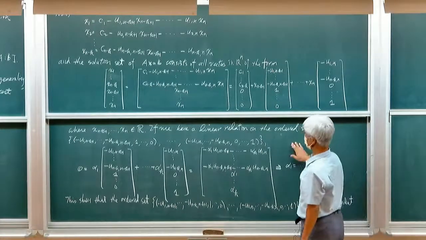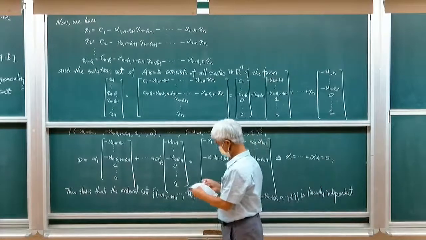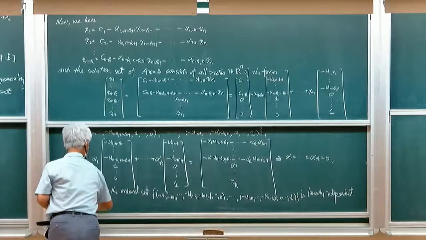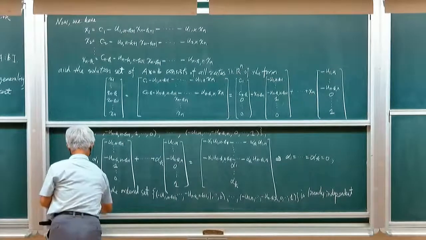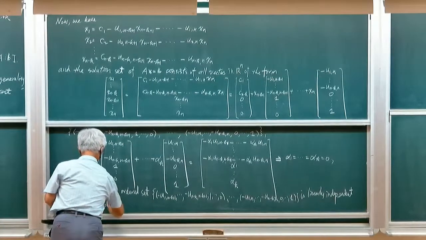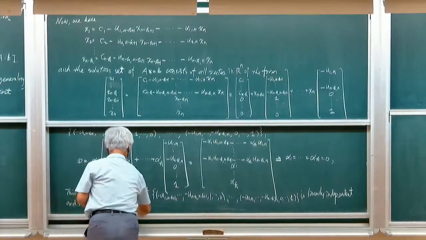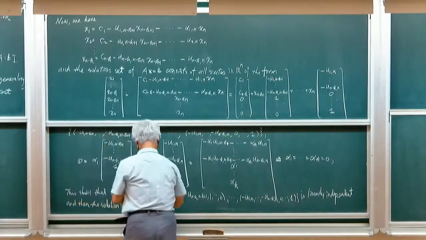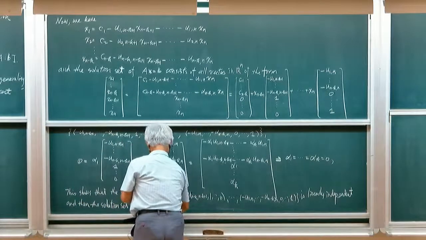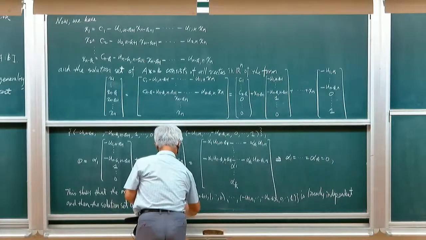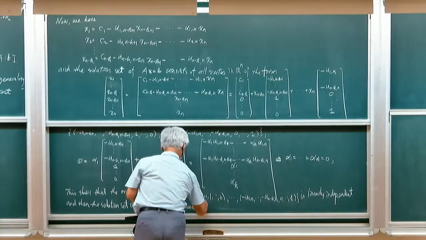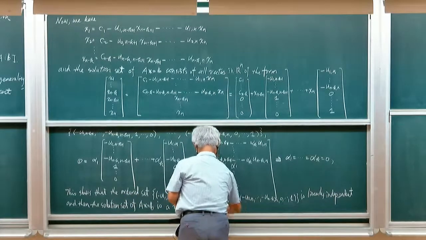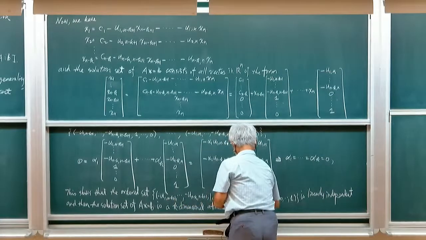So the conclusion is that the solution set of our linear system AX equal to B is a k-dimensional affine space in Rn.